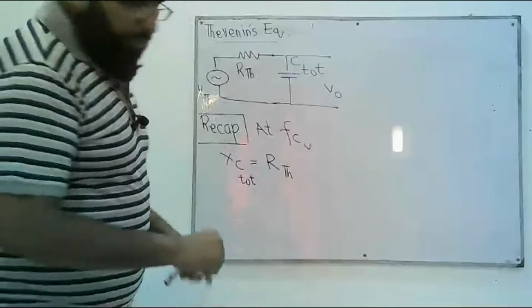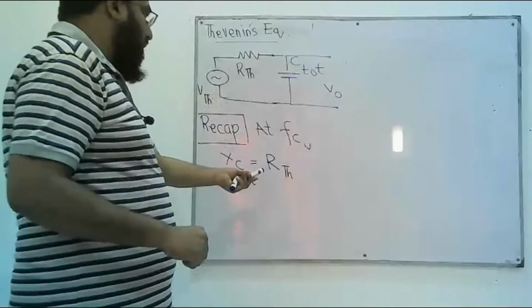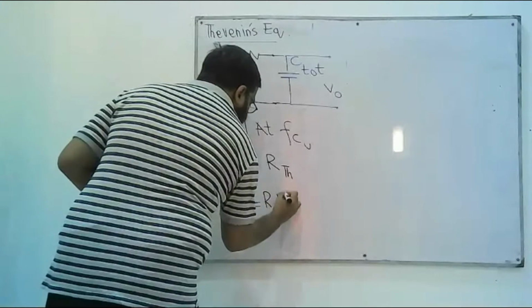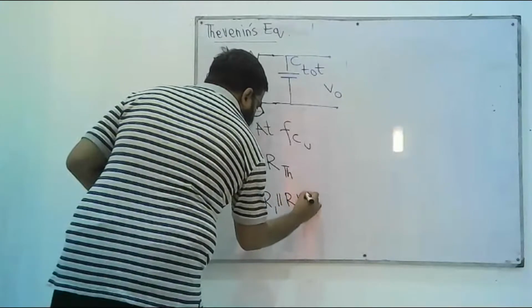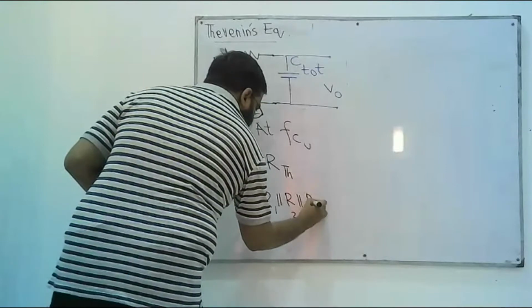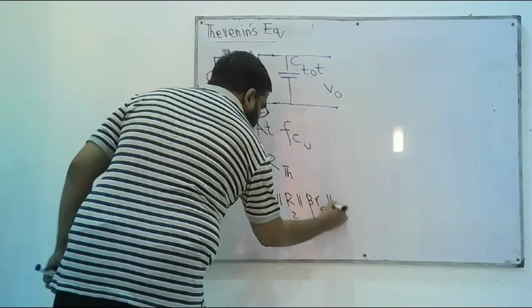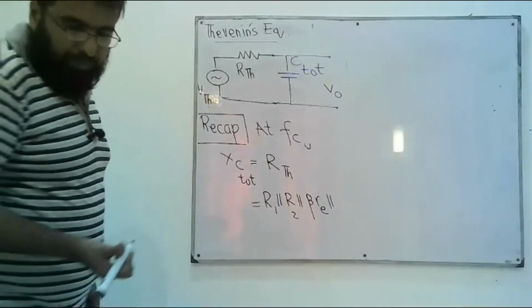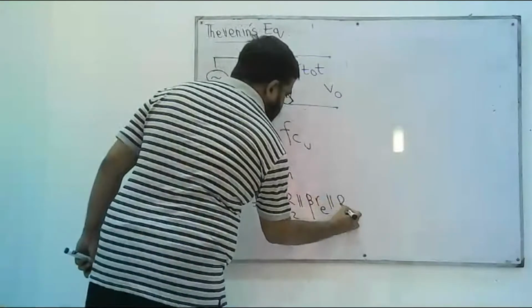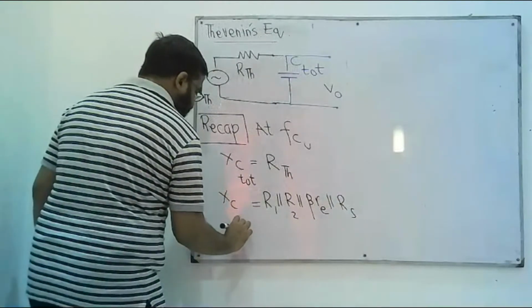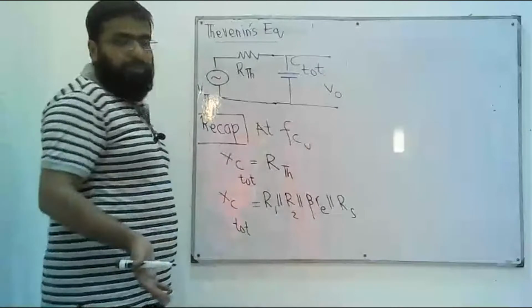Right. For that, XC total is R Thevenin, and we know that R Thevenin is R1 in parallel with R2 in parallel with beta RE in parallel with RS. So this is XC total equal to R Thevenin at FCU.